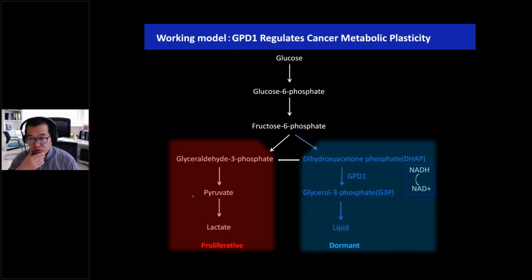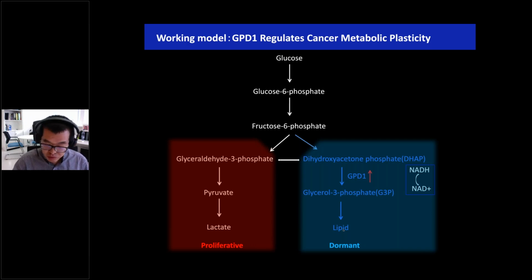Our working model so far, which I will try to elaborate on, and we are still trying to put into context, is that this is the glycolysis pathway, right? And you generate lactate, and these cells, because they are fast dividing cells, require the product from glycolysis. That's what most people suggest. But what we see here is a very distinct pattern, that GBD1 is really mediating this branch of metabolism.